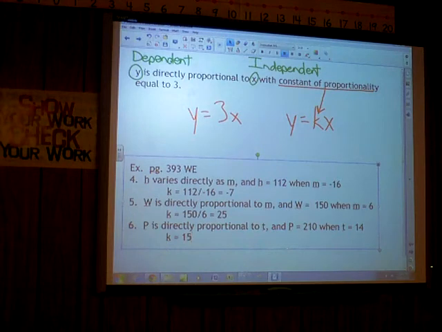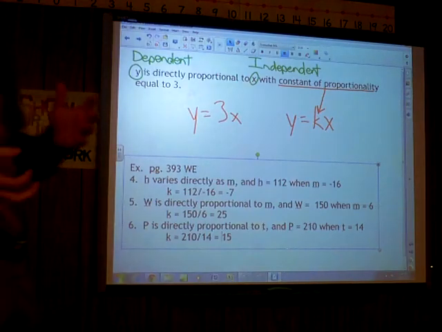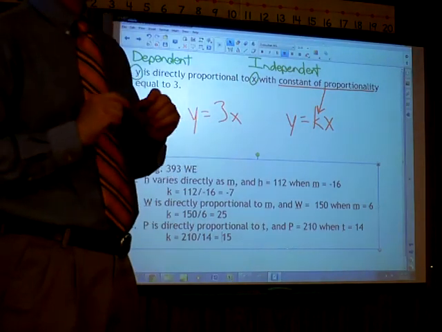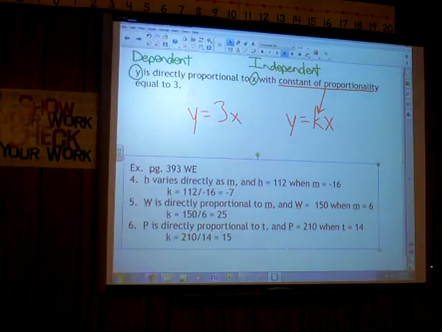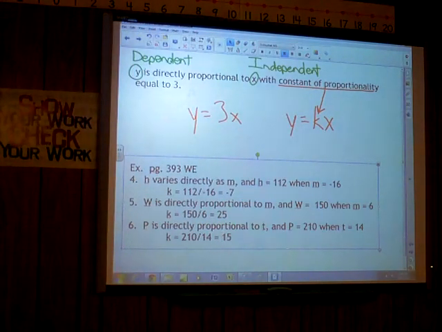That's good. We're doing 210 divided by 14, and we get 15. So, does this make sense? Again, make sure you identify what the dependent variable is and what the independent variable is. That'll help you write your equations. It'll also help you find this constant.